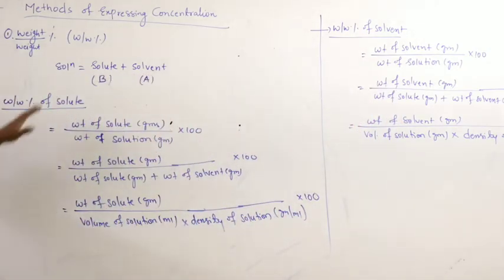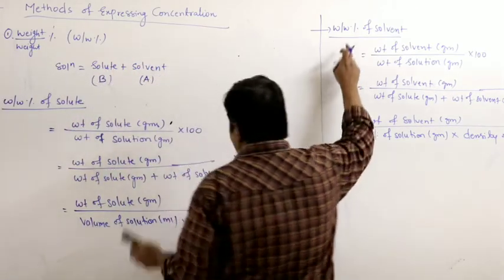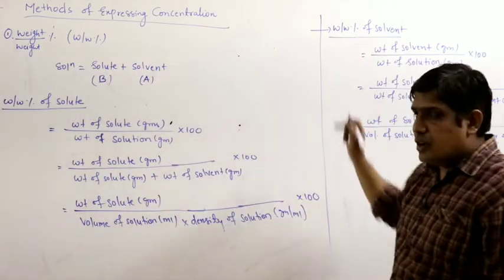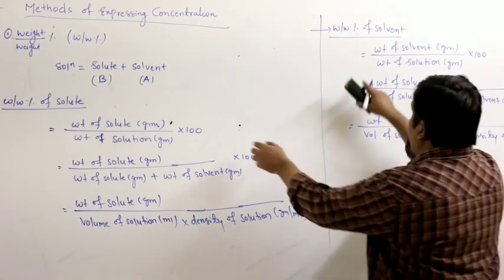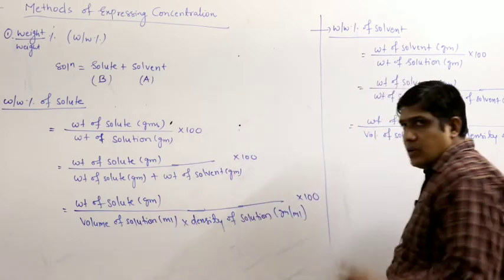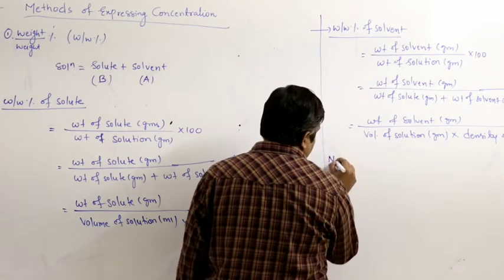Suppose if solution has only solute and solvent, then what is the sum of these two? Weight by weight percentage of solute plus weight by weight percentage of solvent. Add these two, what will I get? I will get 1. So make a note of that.